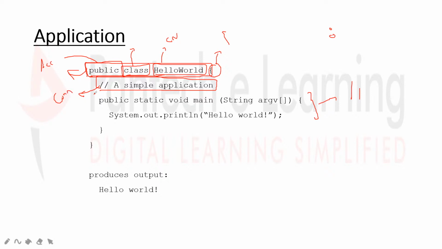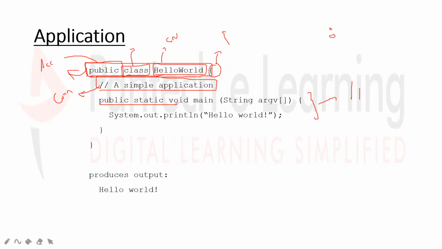And we have public static void main. This is the main function. Using this main function only, we are declaring the values. Public static void main and String args. When you run this particular code, automatically the compiler moves to this part first, that is public static void main.